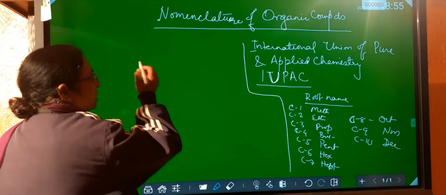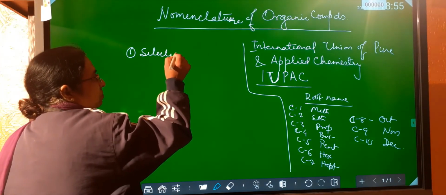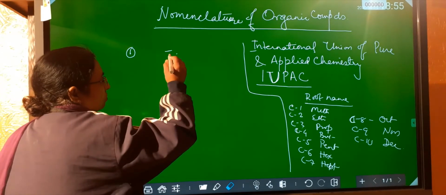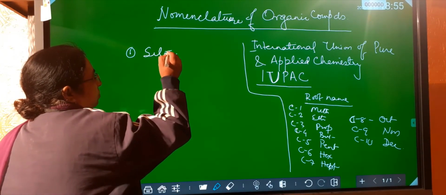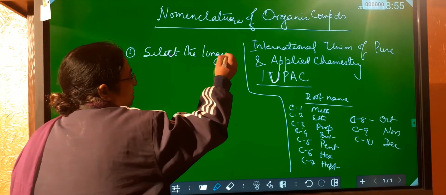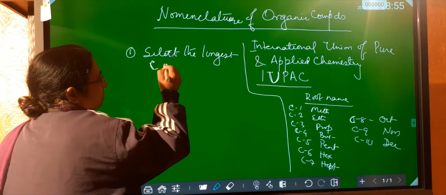The first step is to select the longest carbon chain.